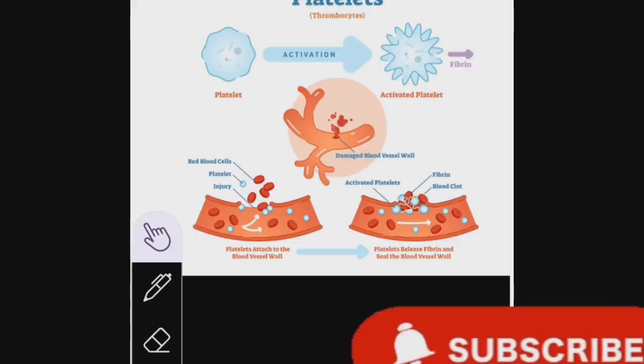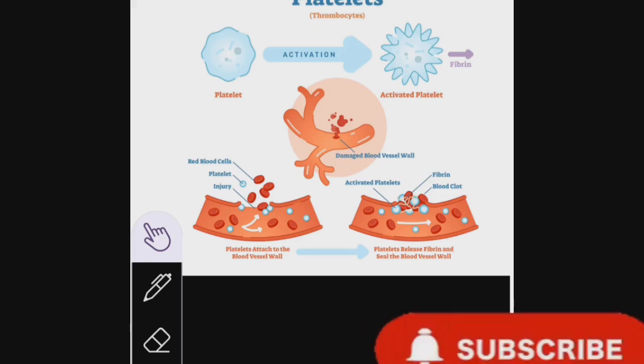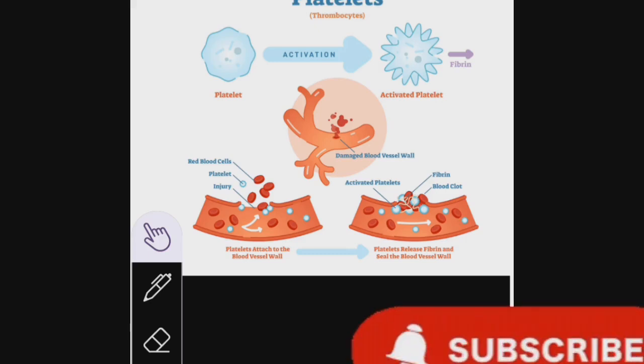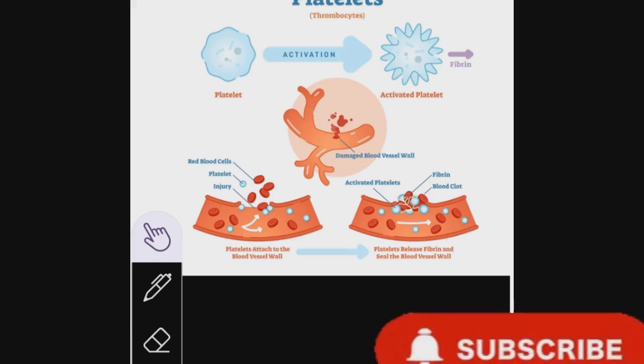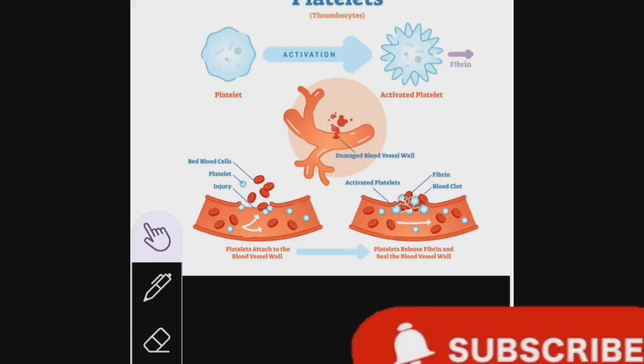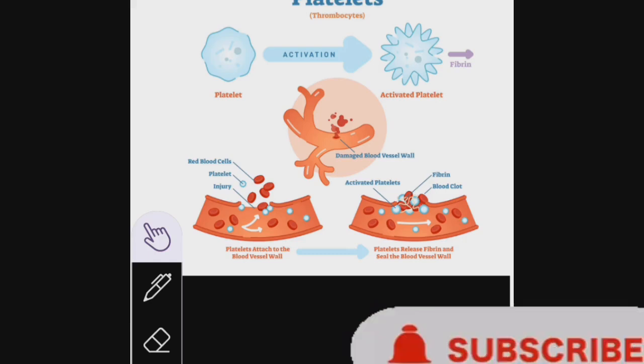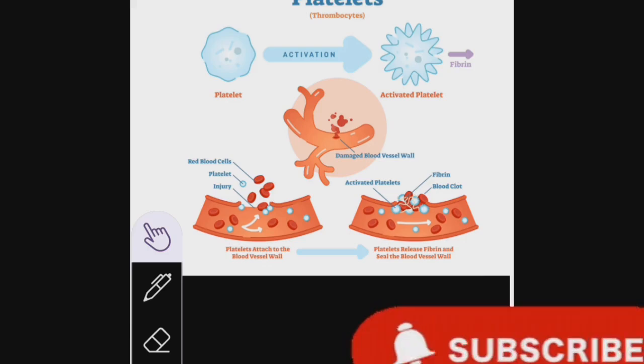Another example is platelet plug formation. Platelets, the thrombocytes, right? Suppose a blood vessel gets injured, right? The platelets become activated. Activated platelets release chemicals. These chemicals will attract even more platelets, and more platelets will release more chemicals, which will allow more platelets to arrive, right?